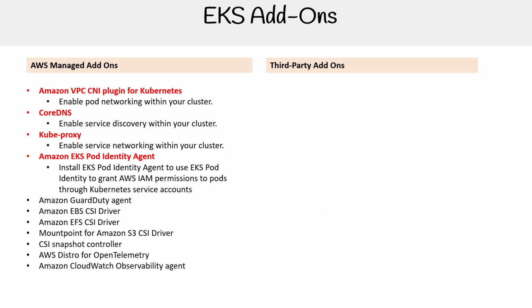I guess it's something you deploy, so it's not necessarily an add-on. But anyway, the important ones are the Amazon VPC CNI plugin for Kubernetes, so your cluster can work with VPCs, CoreDNS, kube-proxy, and the EKS pod identity agent. And then there's a bunch of other stuff down below, like mounting S3 and things like that.